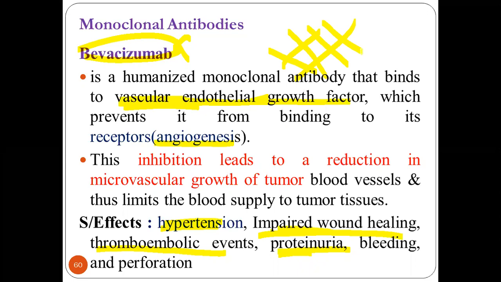Then, apart from that, remember bevacizumab can cause thromboembolic events, sometimes even bleeding, because vascular endothelium growth factor normally affects platelet aggregation. So if you inhibit this, it inhibits the possibility of platelet aggregation, so there is a high risk of bleeding.